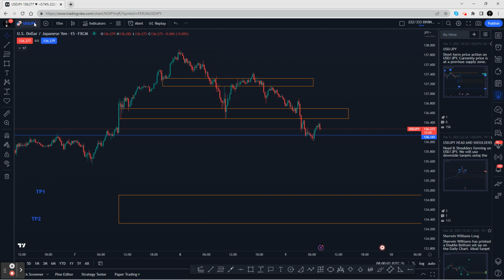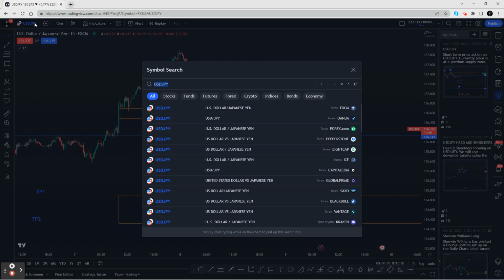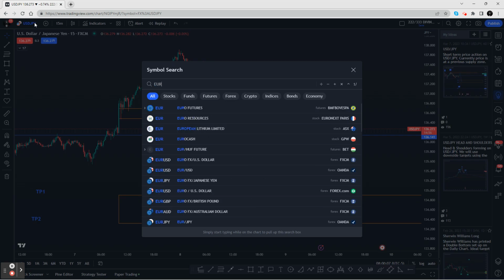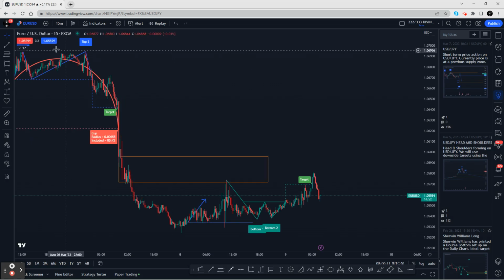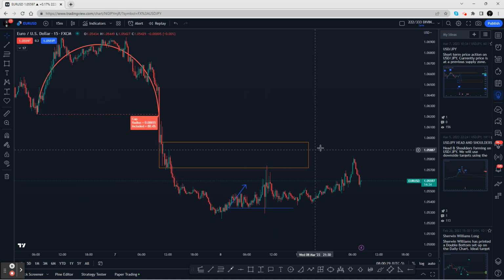Let's just randomly go through and see if there's some other ones, like Euro USD. All right, let me take some of these indicators off for you guys. All right, so clearly you're already seeing I had this zone already up.